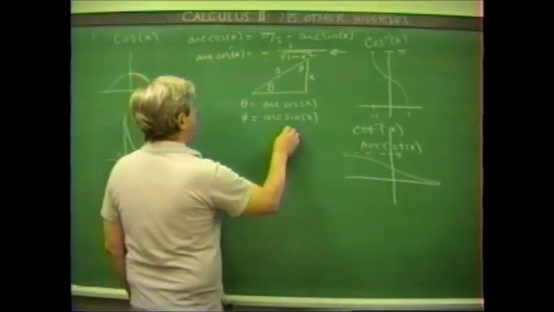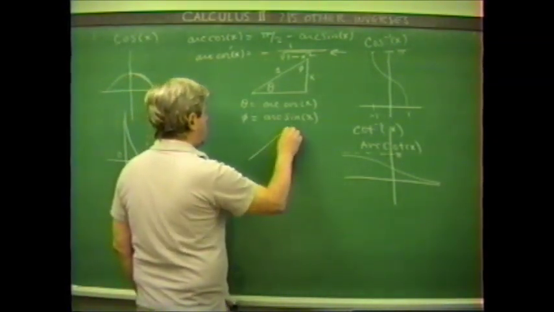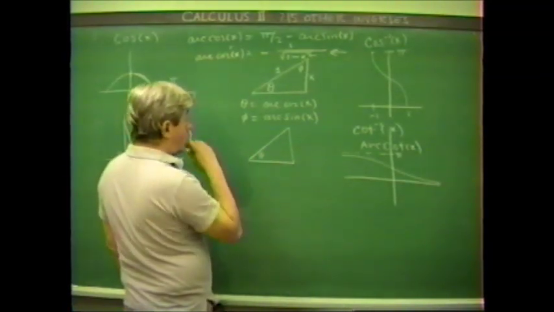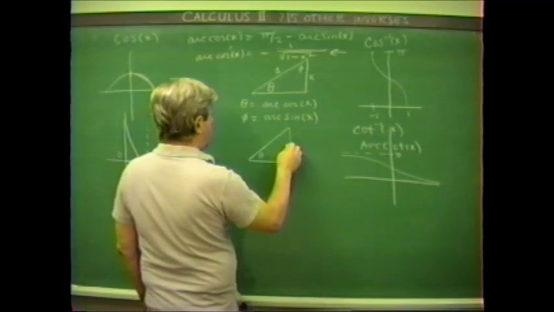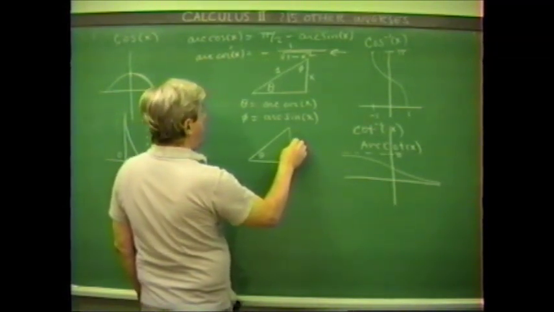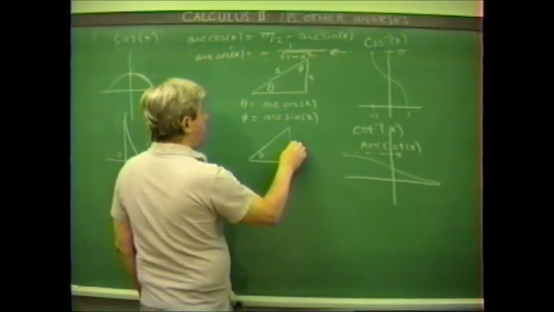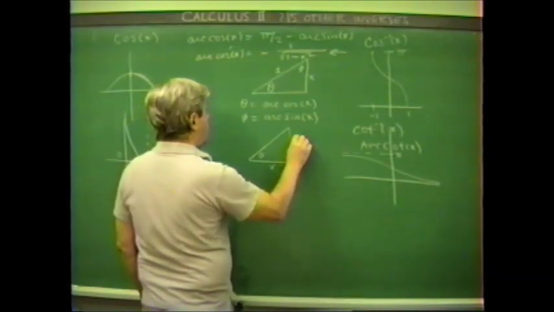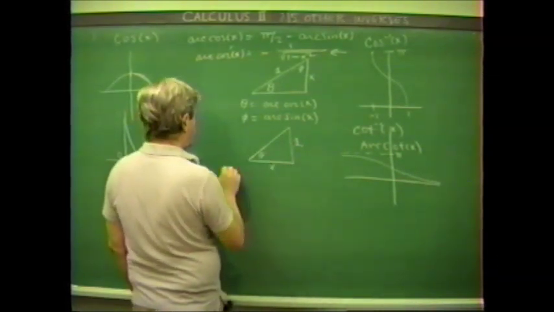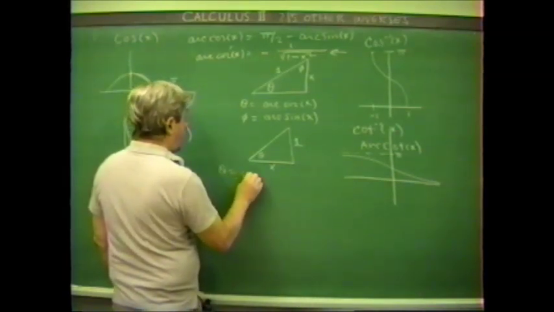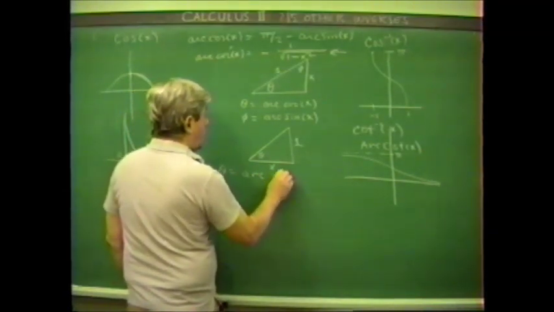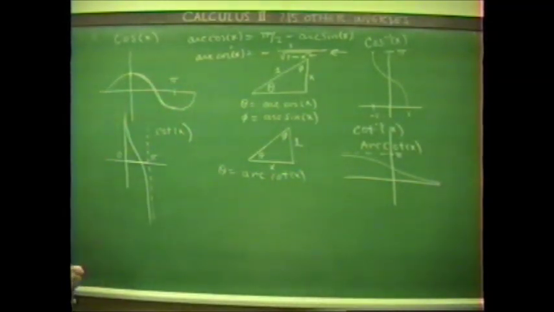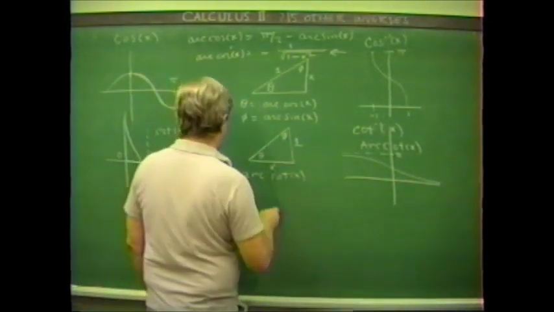Now, similarly here, if we draw a triangle, and if theta is the angle whose cotangent is x, let's say this is x and this is 1. So if theta is arc cotangent of x, then the other angle in this triangle, phi, will be the angle whose tangent is x.